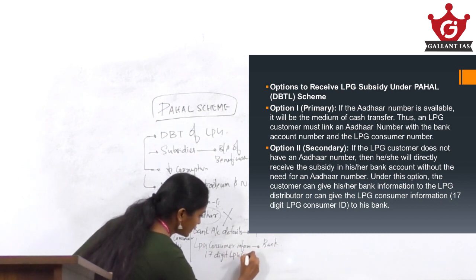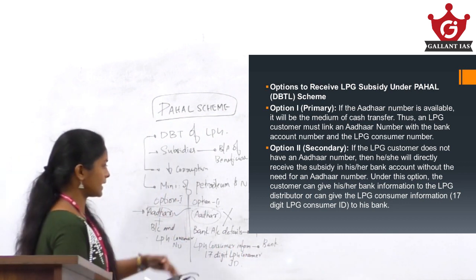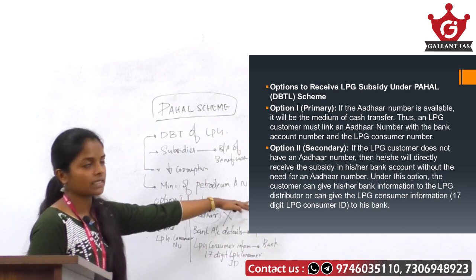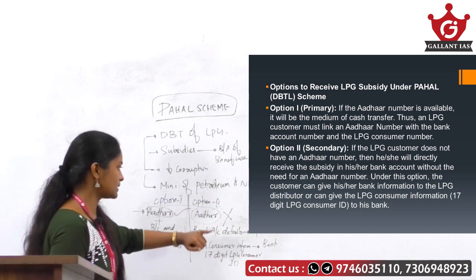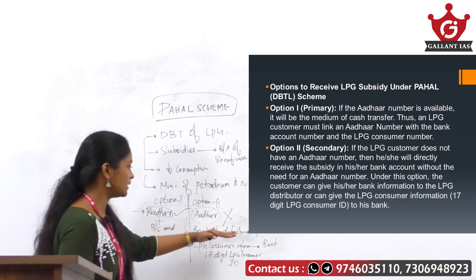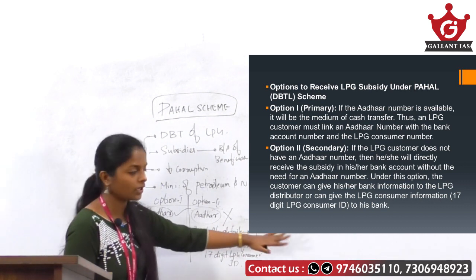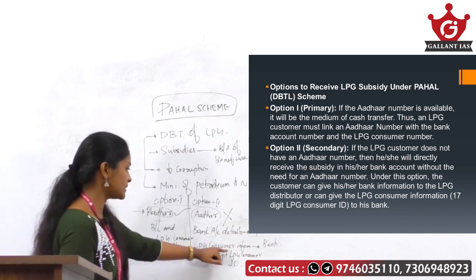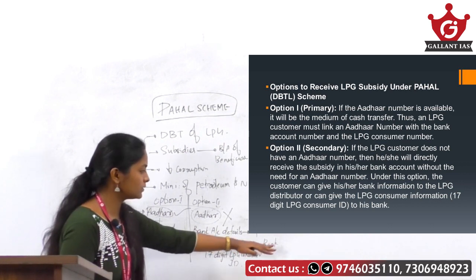This LPG consumer information means the 17-digit LPG consumer ID. So under the second option, if the LPG customer does not have an Aadhaar number, there are two methods. He can provide his bank account details to the LPG distributor, or he can give LPG consumer information like the LPG consumer ID to the bank.